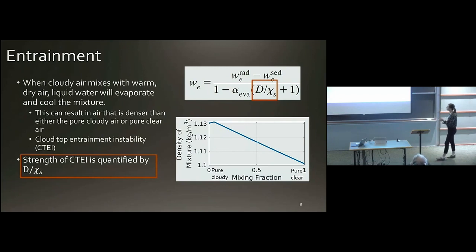And so dense air, of course, we know sinks, and this has been referred to as cloud top entrainment instability. And the strength of this entrainment instability is quantified by this term that is appearing in the denominator here. It's not necessary to have the entrainment instability at cloud top in order to have entrainment, but it helps.